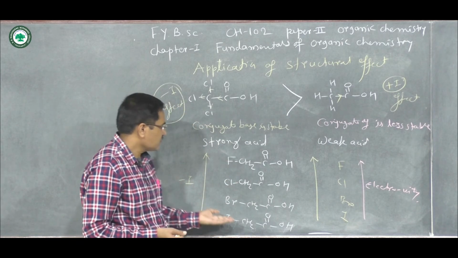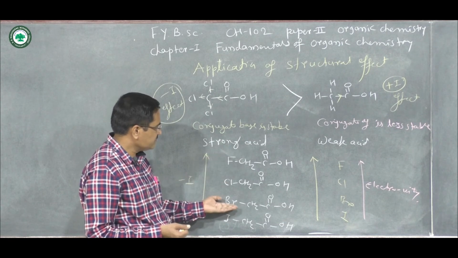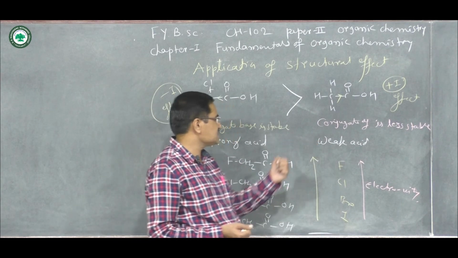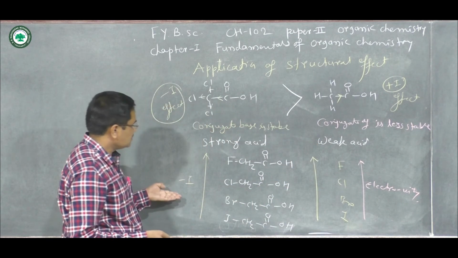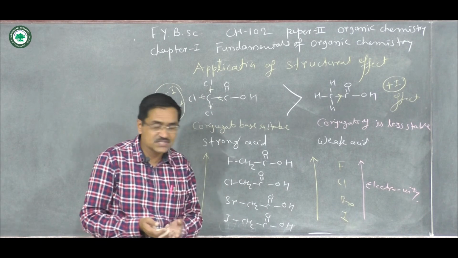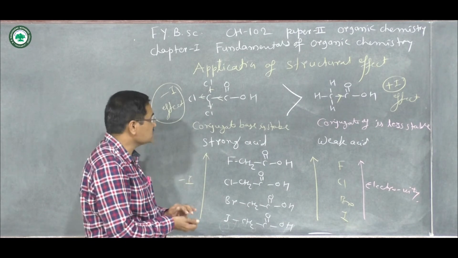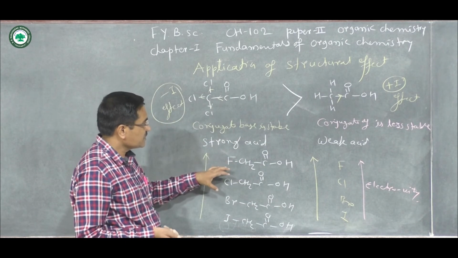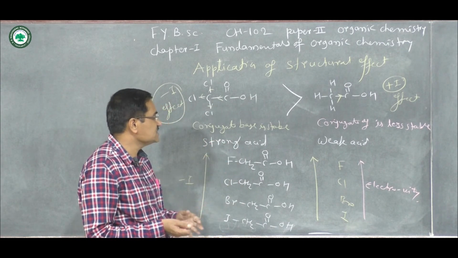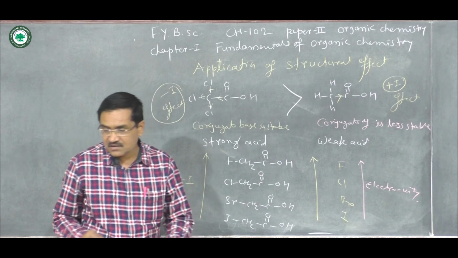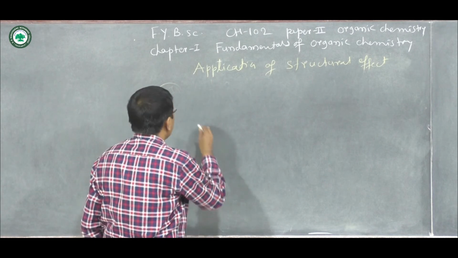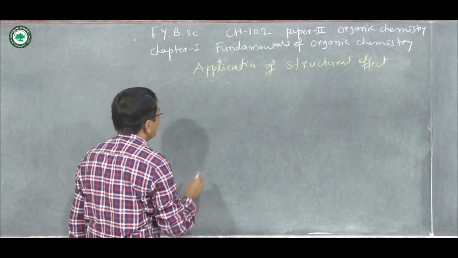So when you move from iodine to fluorine, the electronegativity increases, means the minus I effect increases, and hence the strength of acid also increases. Means when we consider the comparison between these halo substituted acetic acids, fluoroacetic acid is the strongest acid among all these.